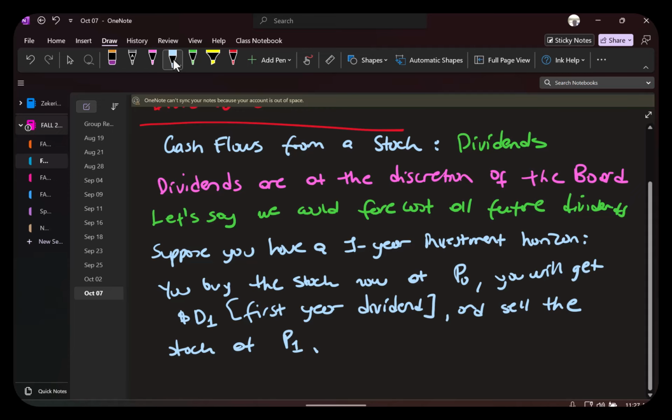The trouble with that is I don't know what that P1 is going to be, but let's say I have means to forecast that. Well, if you're a good forecaster of future prices, you can make a lot of money in stock markets, but let's leave it at that for now.